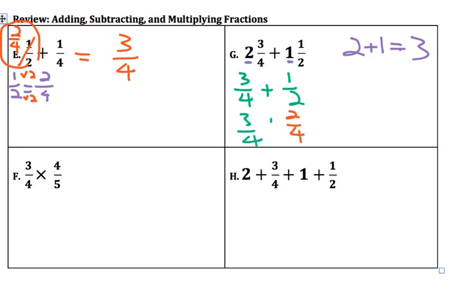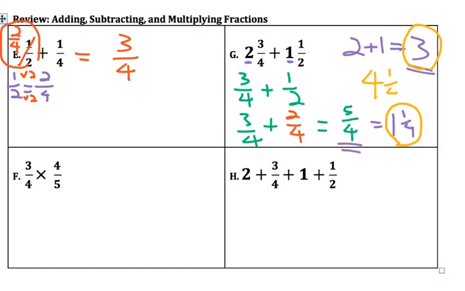And now that the denominators are the same, I can add, and I would get 5/4. So in total right now, I have 3 wholes and 5/4, but I'm going to rewrite 5/4 as 1 whole, because it has more than 4/4, and 1/4 left over. And then when I finally add this and this, I would end up getting 4 wholes and 1/4. So if you got 4 and 1/4, congrats, you just added two mixed numbers together on your own.